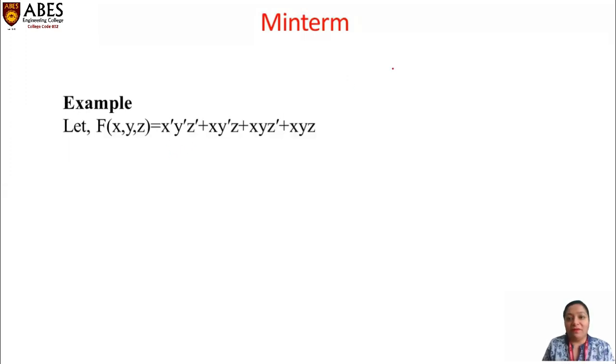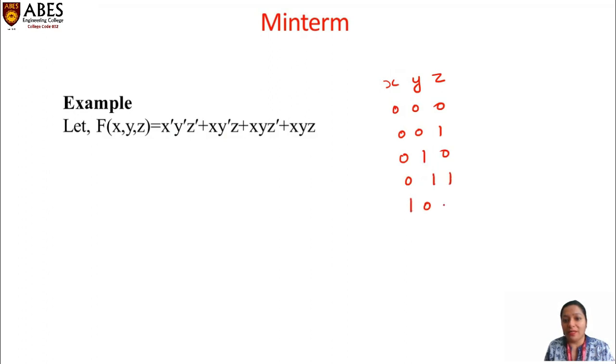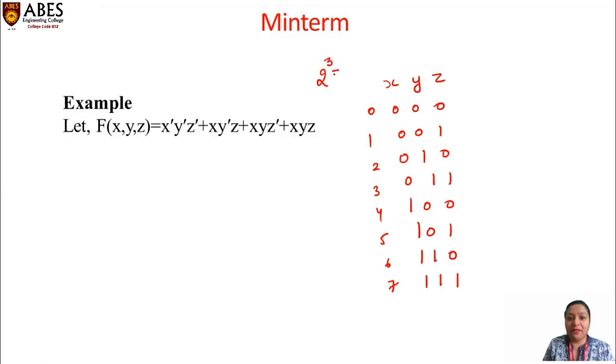We all know if we form the truth table for three variables X, Y, and Z, the possible values will be 000, 001, 010, 011, 100, 101, 110, and 111, from 0, 1, 2, 3, 4, 5, 6, and 7. Total 8 terms. If we have three variables, then there will be a total of 8 possible combinations.